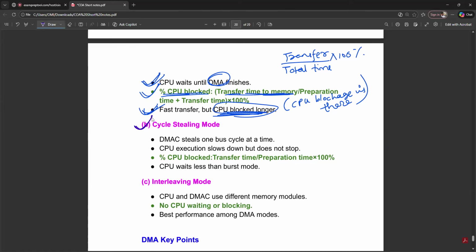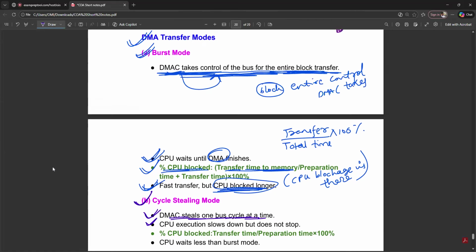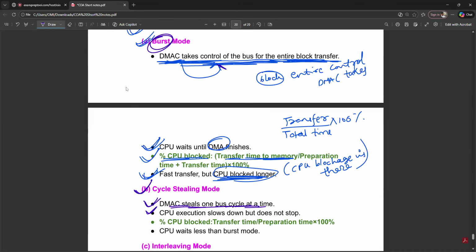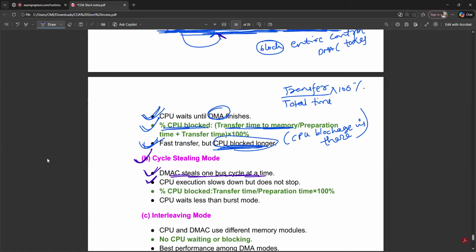Okay. Next one is cycle stealing mode. The DMA controller steals one bus cycle at a time, right? CPU execution slows down but does not stop. In burst mode, when it has to transfer, it takes entire control in a burst, and its name suggests burst.